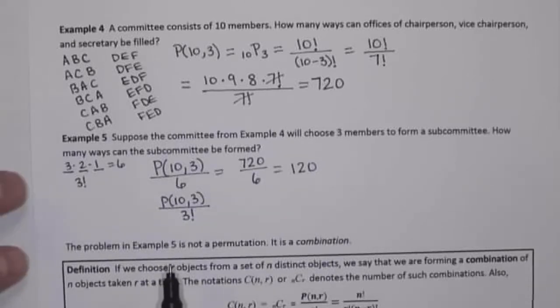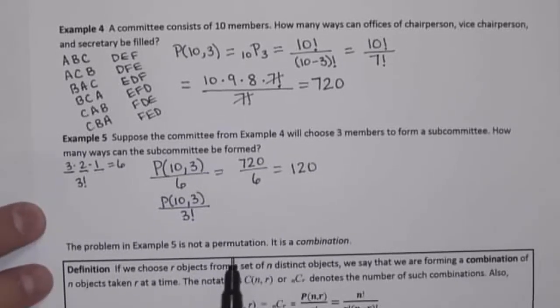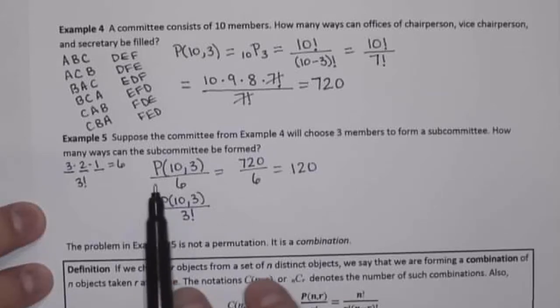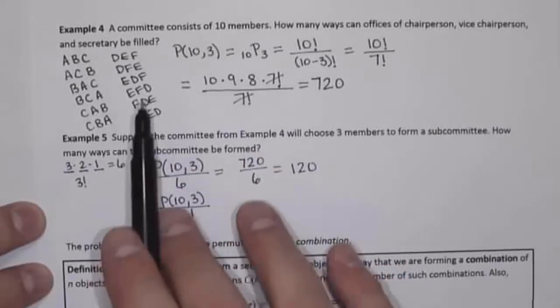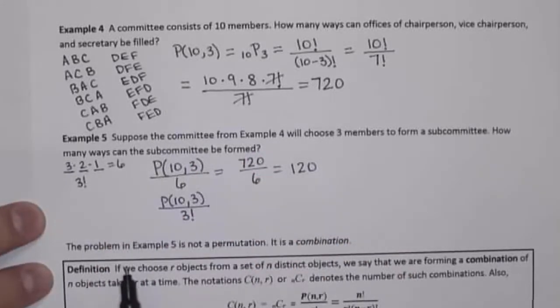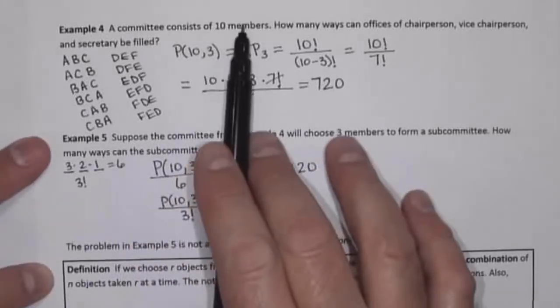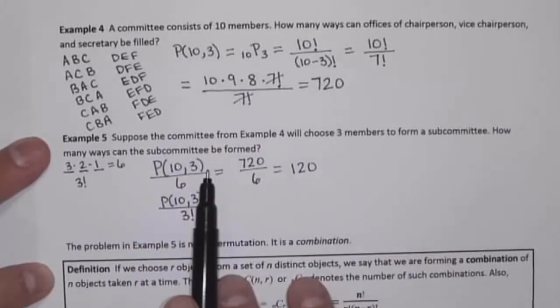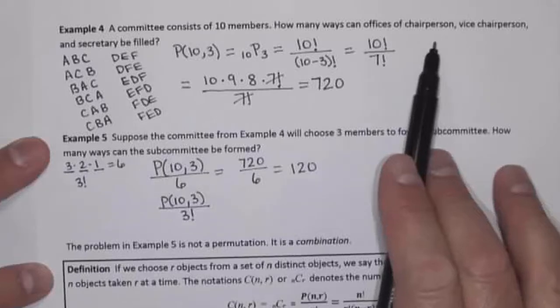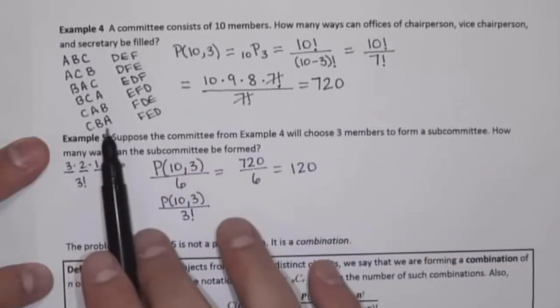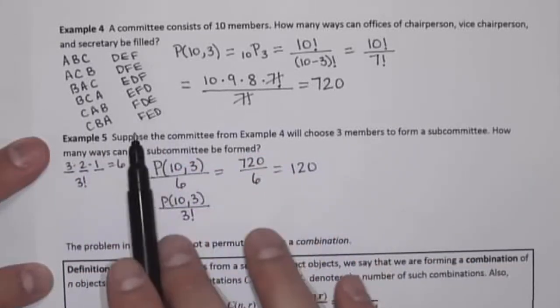Now, the problem in example 5 is not a permutation. I already said that. Instead, it is a combination. So I want to define what a combination is, and I've kind of already explained the difference by looking at example 4. The main difference between example 4 and example 5 is that in example 4, the order in which the 3 objects are selected makes a difference.